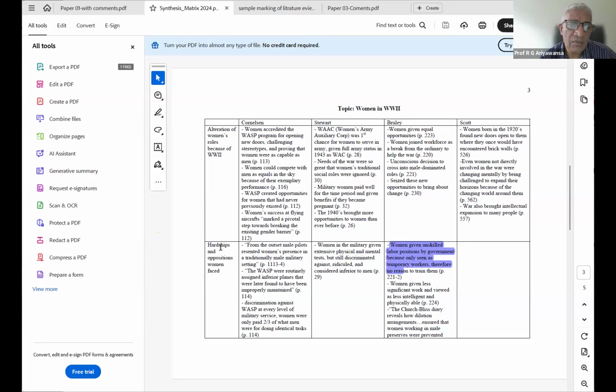And about the challenges faced by women, some ideas from the same author, some ideas from this author, some ideas from this author. So different ideas about different concepts from different authors have been collected and included into this matrix.